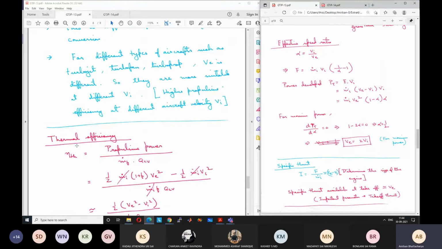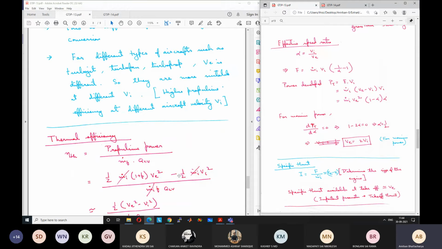So we will now define the second efficiency, which is the thermal efficiency. This is how well the energy which is contained in the fuel is being converted to propulsive power. Not the thrust power, but the total amount of power that was available for propelling the aircraft forward but could not be used.